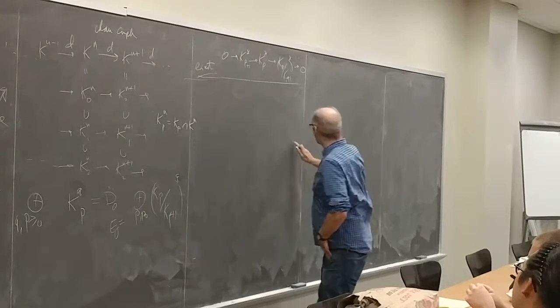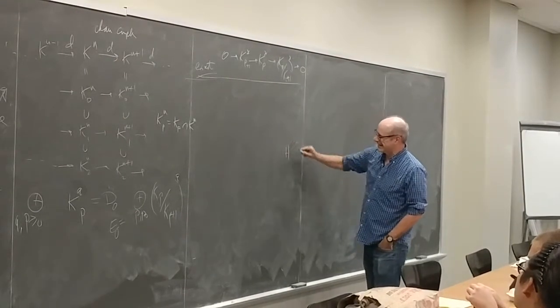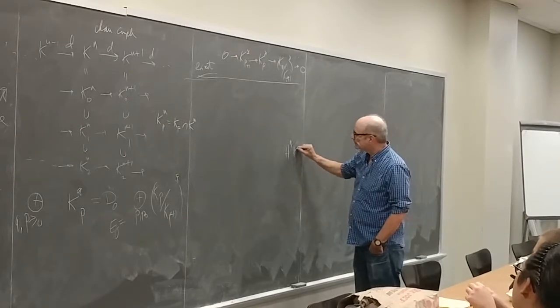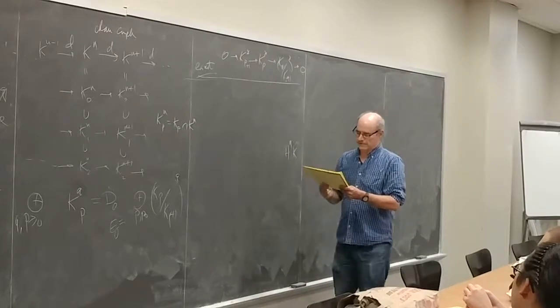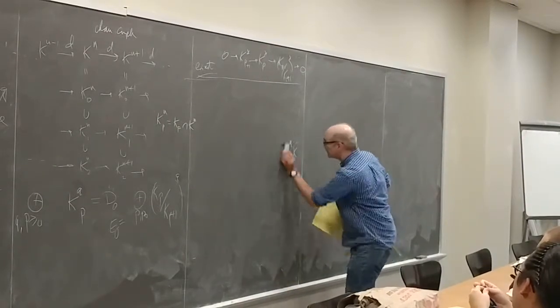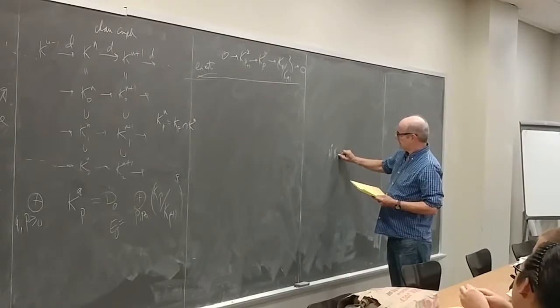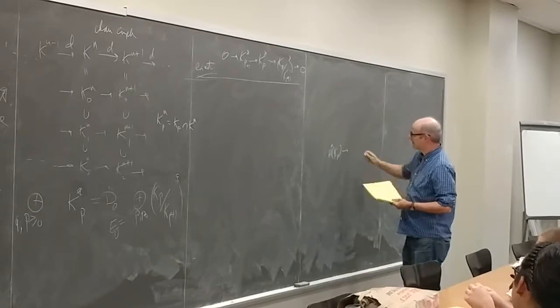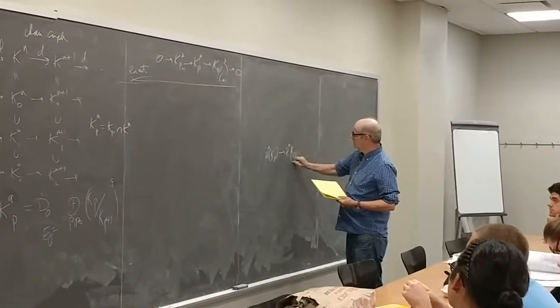Okay, so what I want to do is look at the long exact sequence in cohomology. I like to try to space this so I don't run out of room. So I'll have K^P there, and then this will go to H^n of K^P mod K^(P+1).